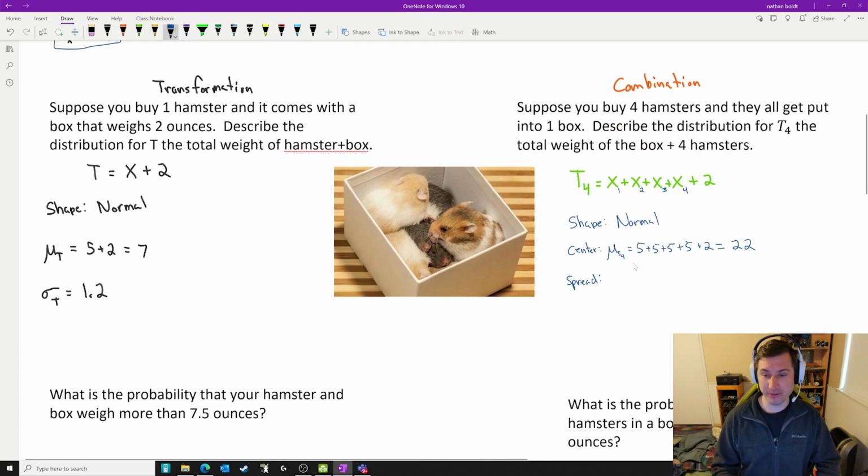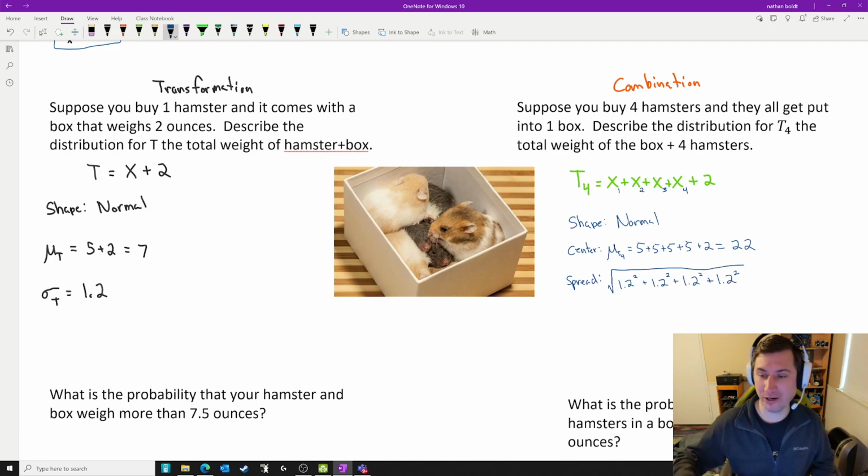So if you remember, this is going to be the square root, and we have to square the standard deviations when we add them. So that'll be 1.2 squared plus 1.2 squared plus 1.2 squared plus 1.2 squared.